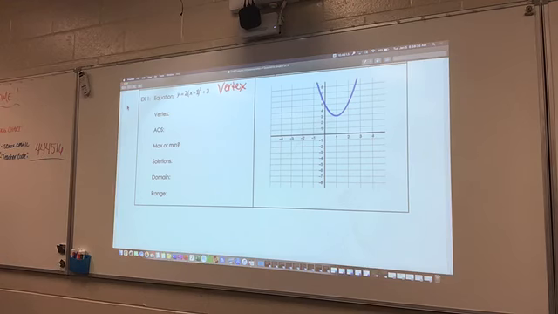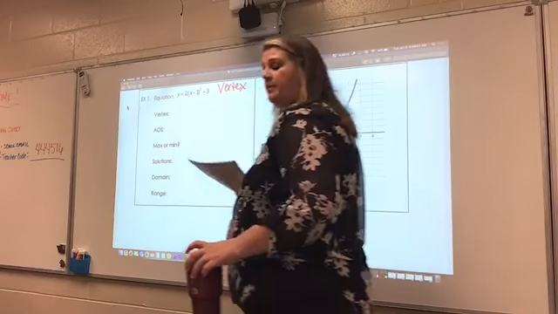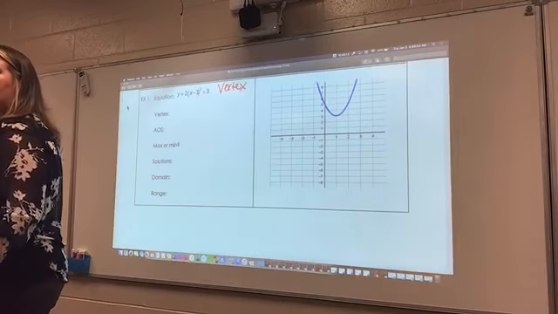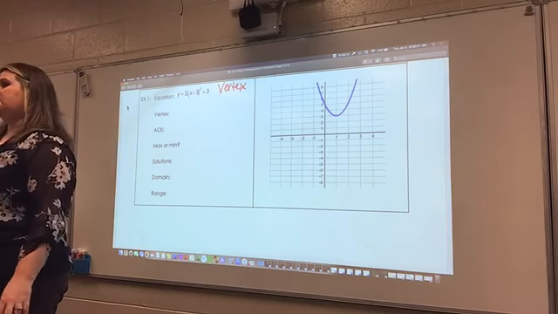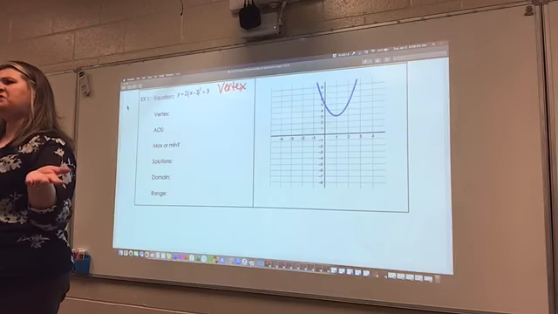Domain. Michaela, what do we always say for domain for these particular quadratics? There's multiple x's. Okay, give me better mathematical words that we can use. We can say it two ways. What are we talking about when we're saying domain?